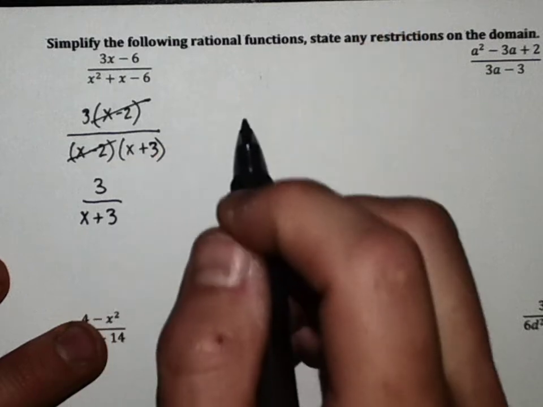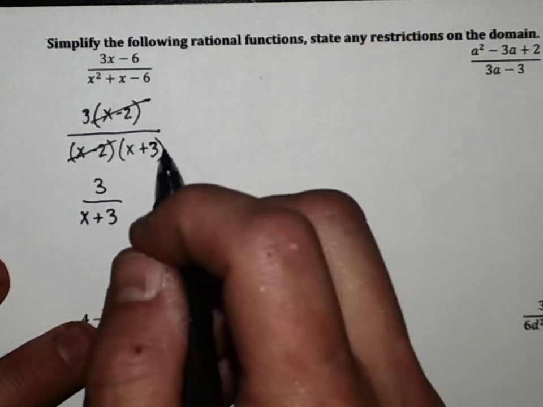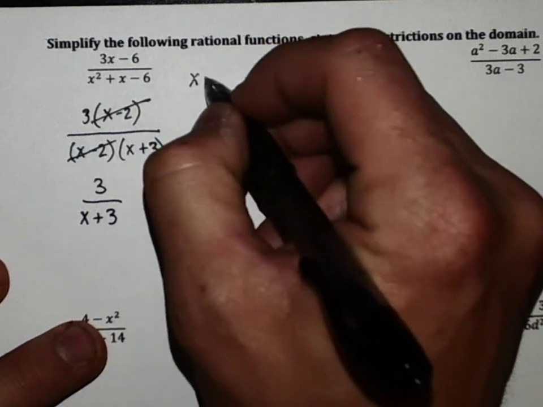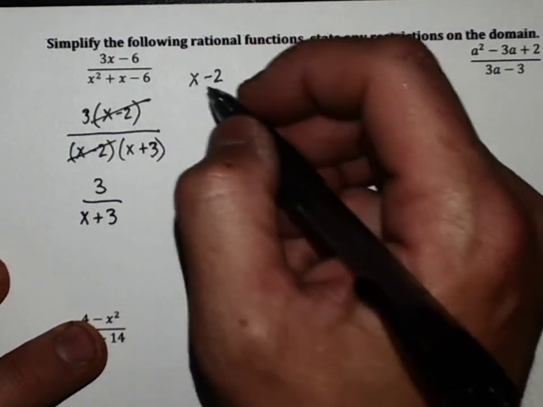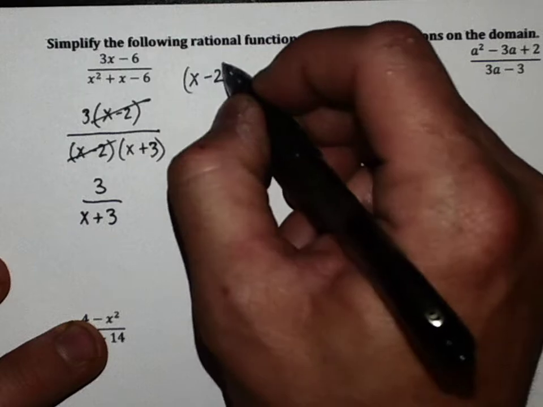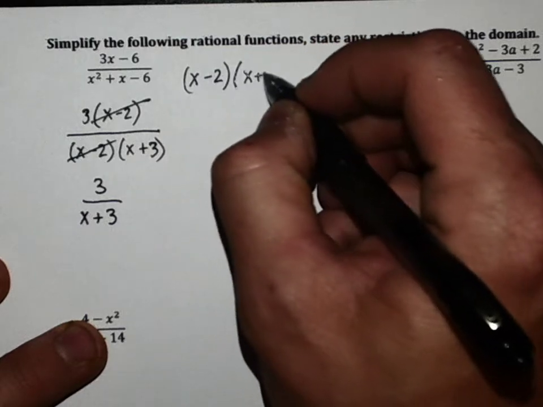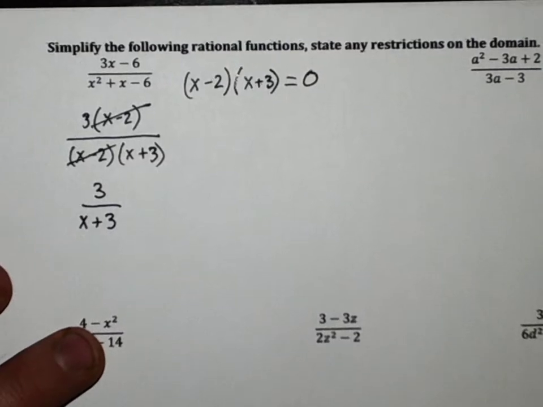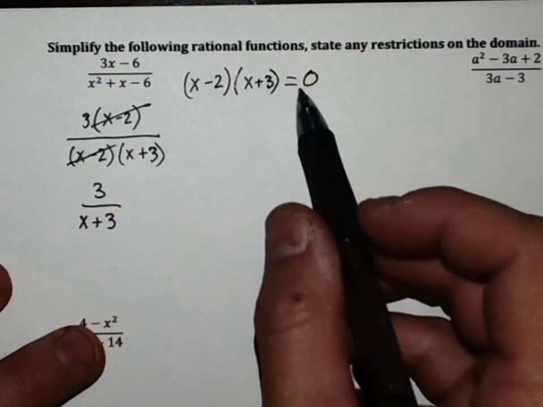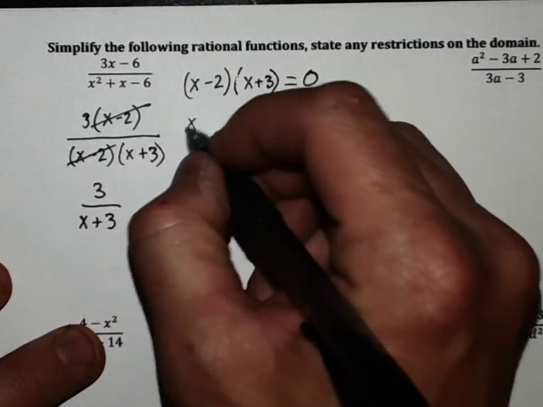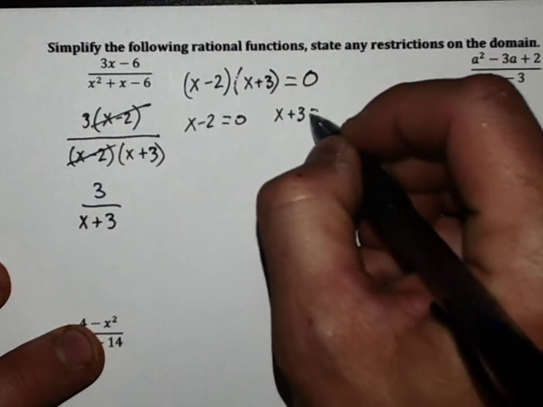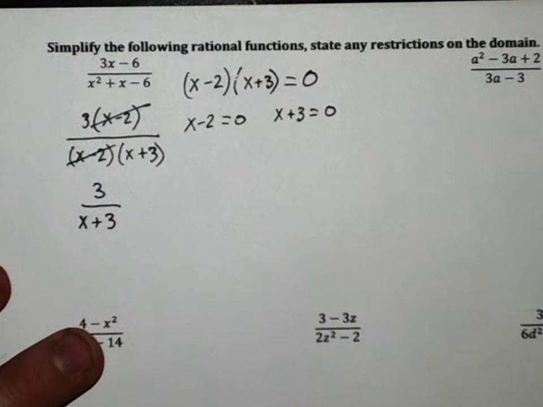However, you must restrict your domain. So I take the thing on the bottom. Now here's a trick. Take the factored form of what we have on the bottom, and we're going to set it equal to 0. How do I solve this thing? Well, you set both factors equal to 0 separately, just like we did in chapter 9.